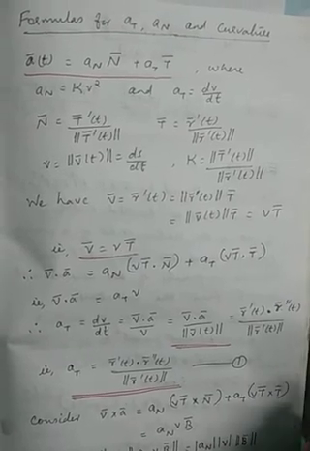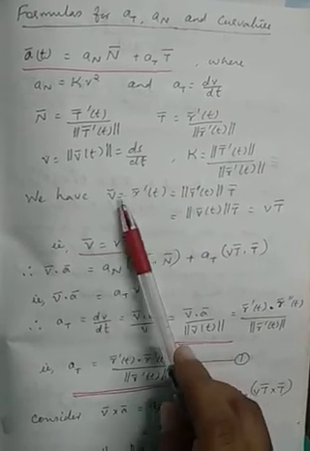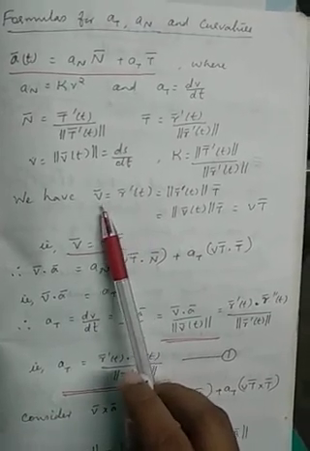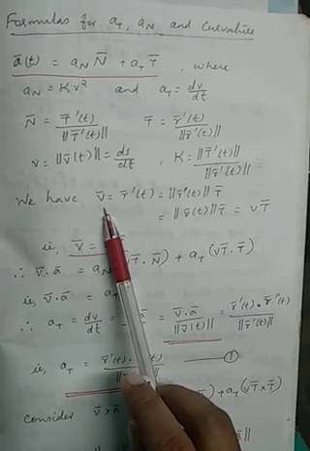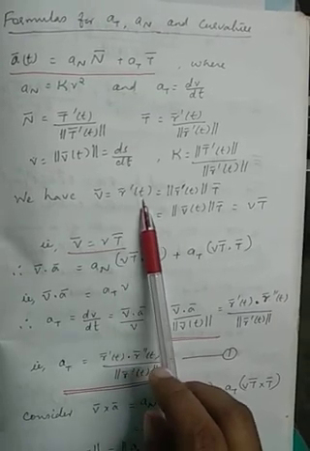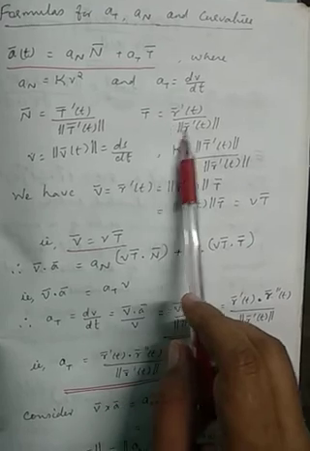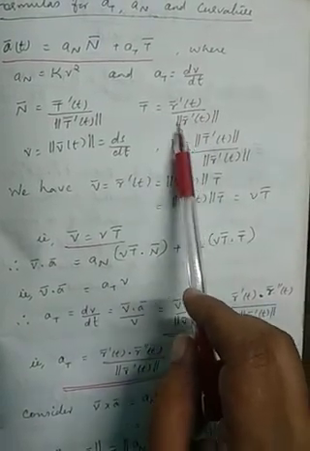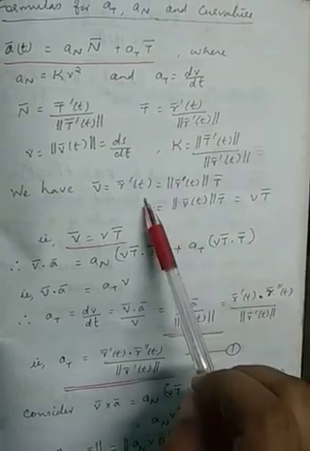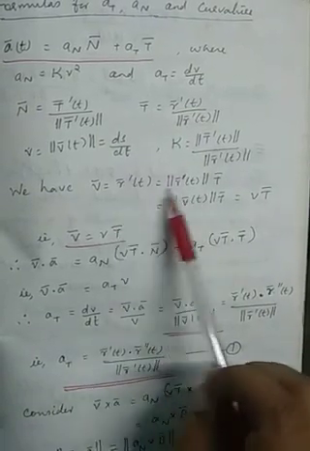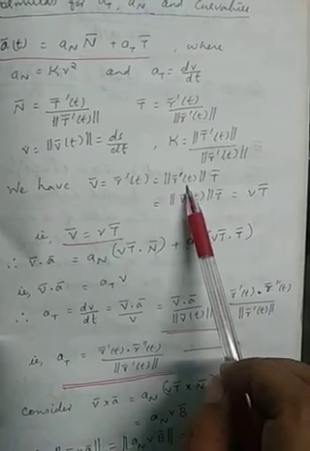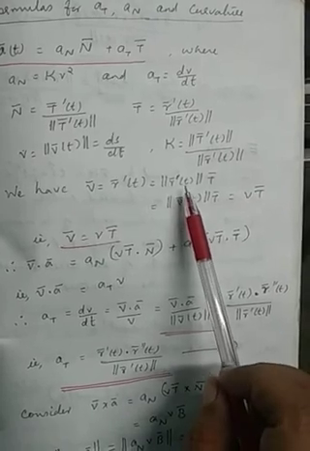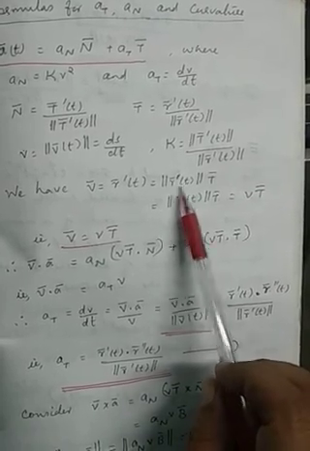For that, first we consider the velocity vector v. We know that v is equal to r dash of t. And from this equation, we have r dash of t is equal to norm of r dash of t into vector T. And we know that r dash of t is equal to vector v.